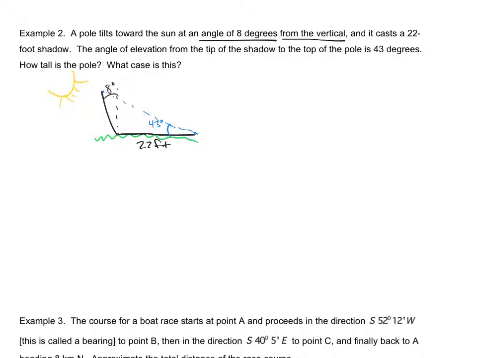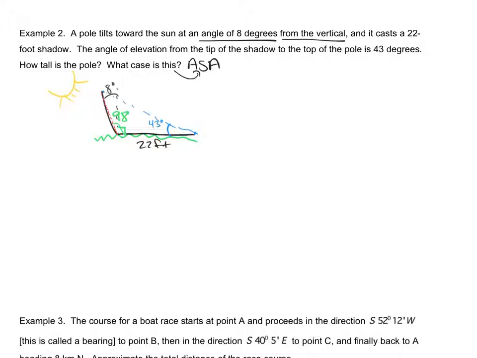Okay, so the first thing we have to figure out is what is our angle here. We have a 90-degree angle between the horizontal and the vertical, plus 8 degrees. So this is a total of 98 degrees, which means because we know 2 angles and the side between them, that this is angle, side, angle for the case. Now to find how tall the pole is, what we are looking for here is the length of this side.